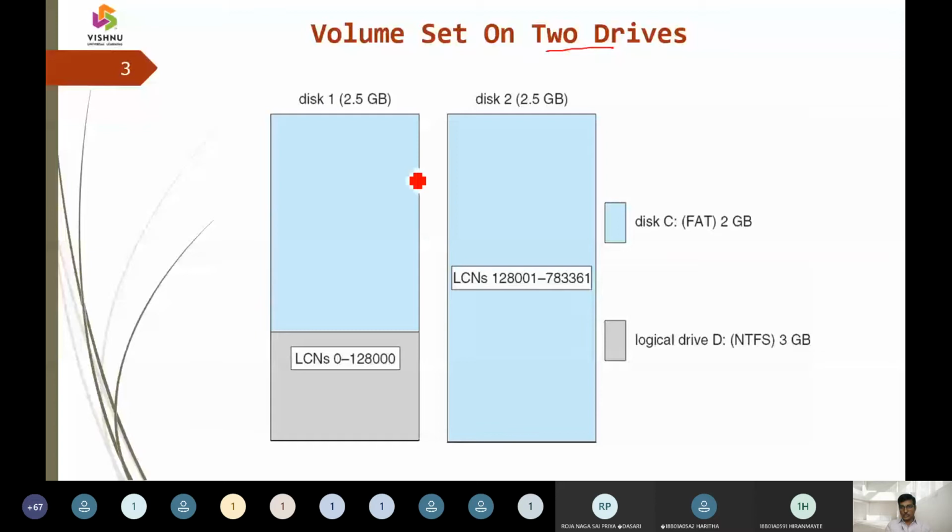We can assume there is a 2 GB C drive, and that 2 GB C drive has a backup on disk 2. That is given in one color, and this one in a violet color. So you can see some set of volume is reciprocated over the second set.